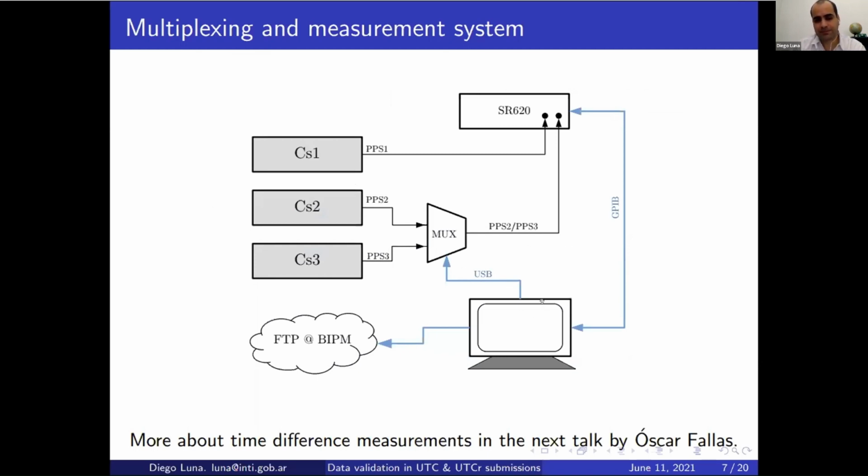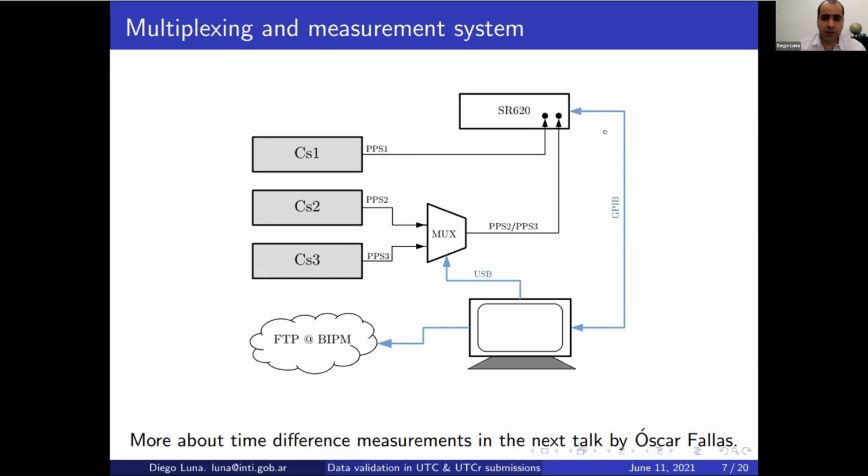I will shortly explain how we do that. There is one personal computer that controls, via USB, a multiplexer that switches between the pulse coming from clock 2 and clock 3, and that signal is fed into channel B of the interval counter, while in channel A we are always receiving the pulse per second of clock 1.